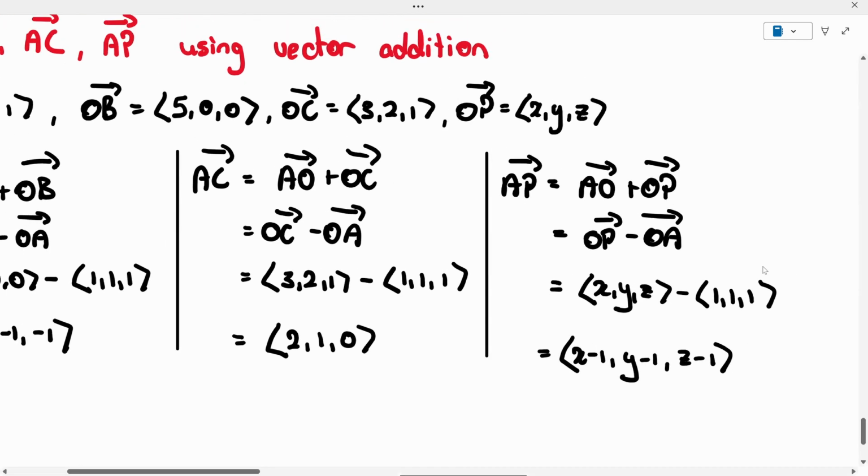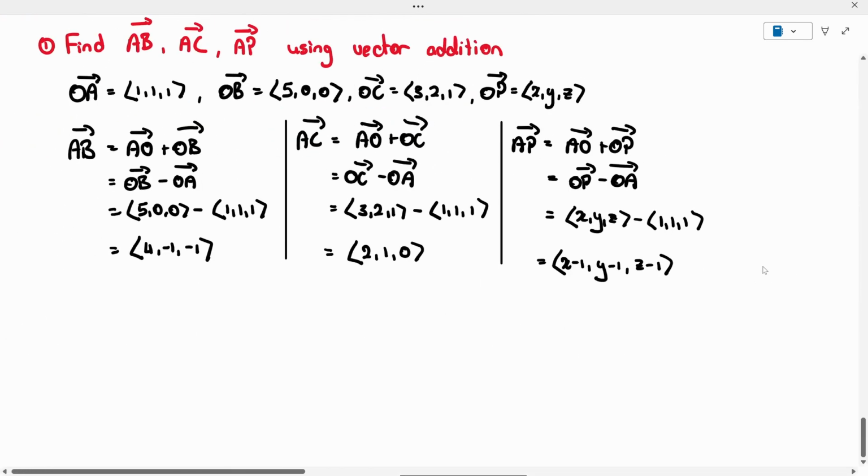I'll simplify that. Okay. So we have the 3 vectors AB, AC, AP.